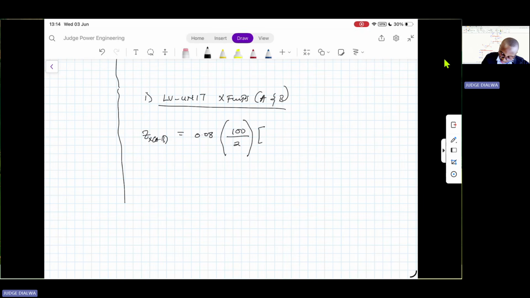Multiply that by cos arctan 7, that's the X over R ratio, plus j sine arctan 7. So that should be 0.564 plus j3.96.